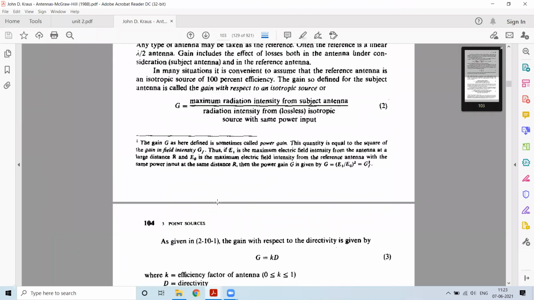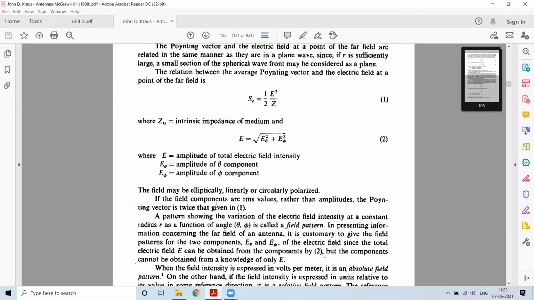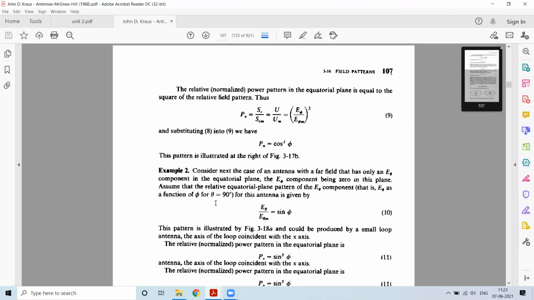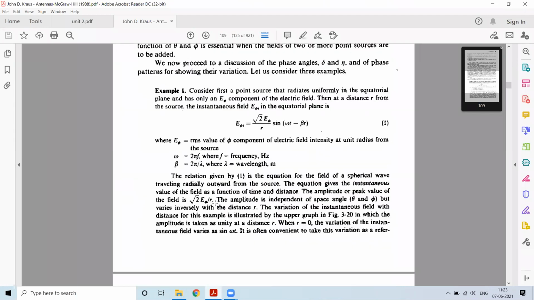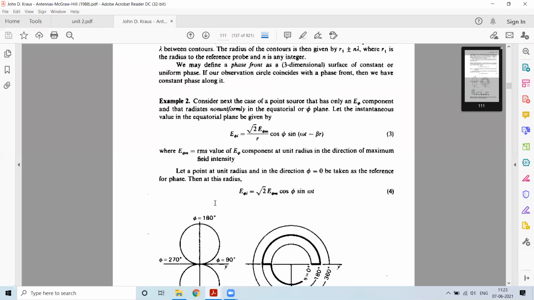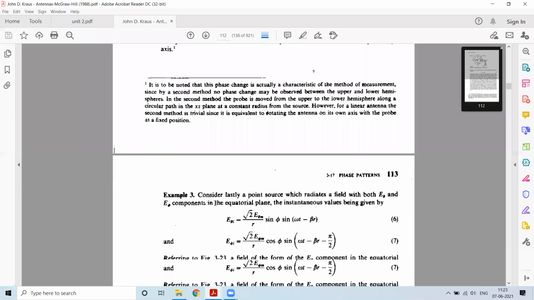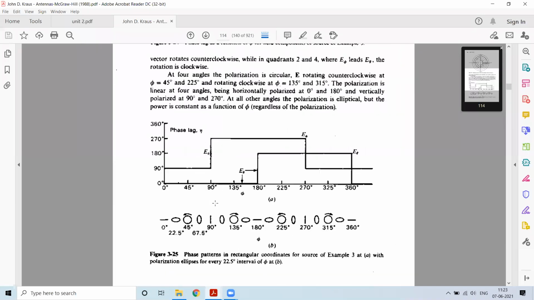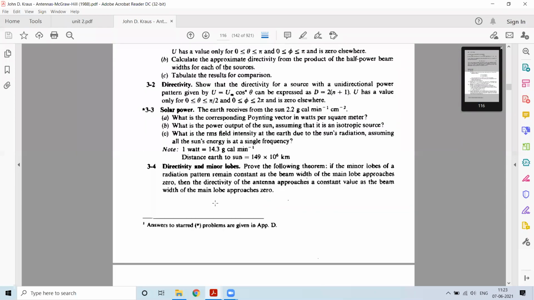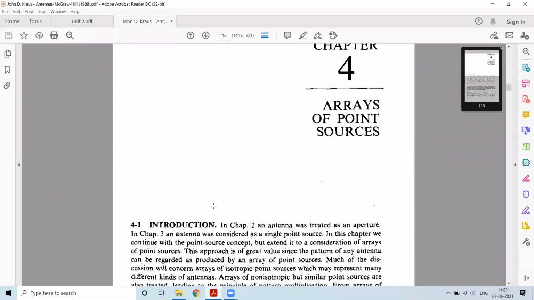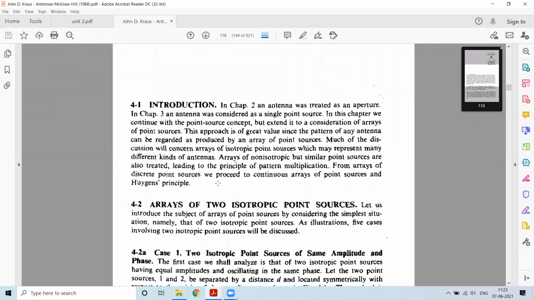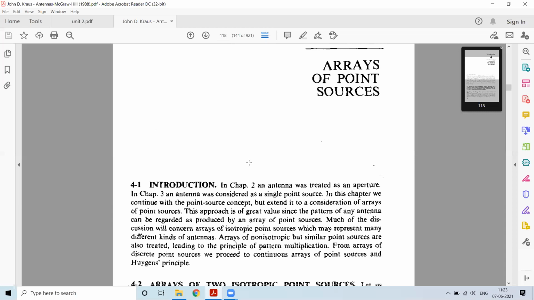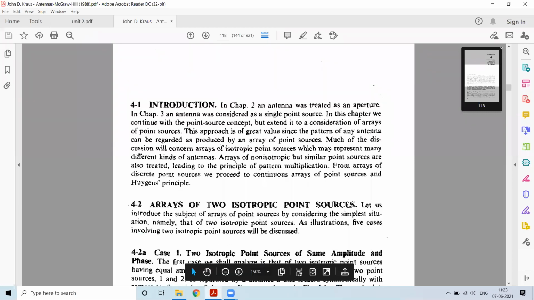So we'll be discussing those aspects, which is actually an array of point sources. In an array of point sources, we'll start off our discussion by considering two isotropic point sources.